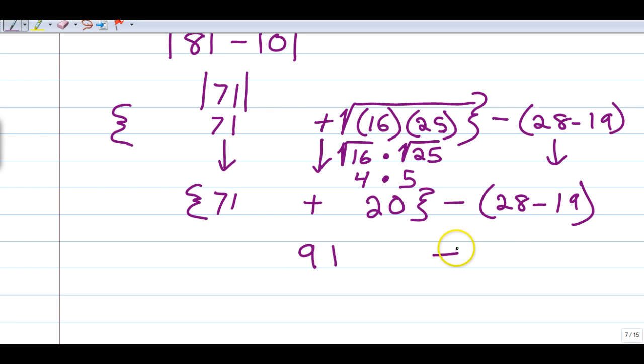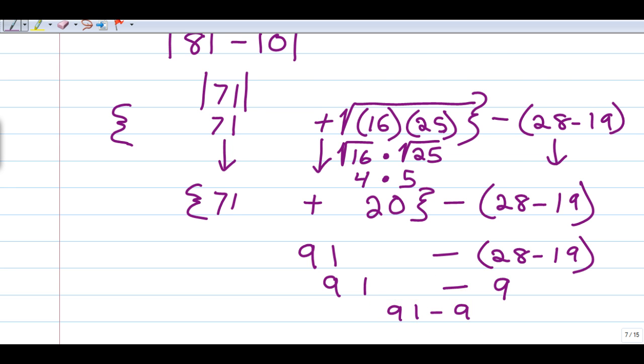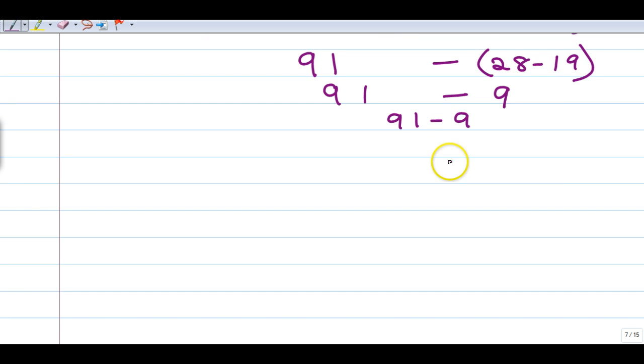We can now carry down the minus 28 minus 19. We're left with one more grouping symbol here to complete, which is 28 minus 19, creating a 9. Carry down the 91. So now we have created the problem, 91 minus 9. We'll complete this to get 82. Final answer.